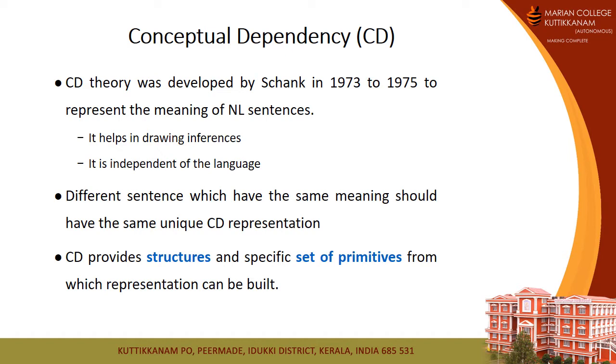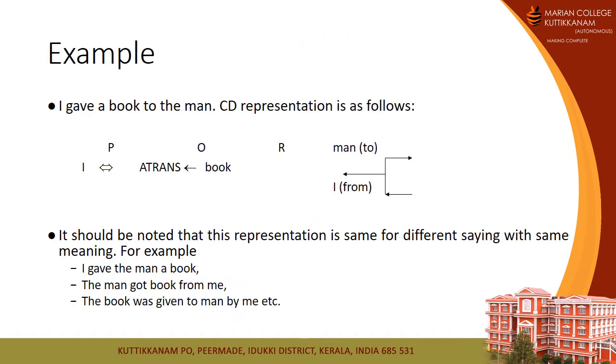Conceptual dependency provides structures and a specific set of primitives from which the representation can be built. For example, "I gave a book to the man" is represented by a conceptual dependency. Later we can see what P, O, R and everything are.